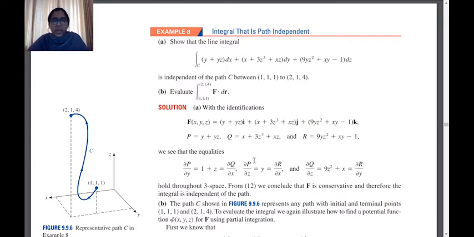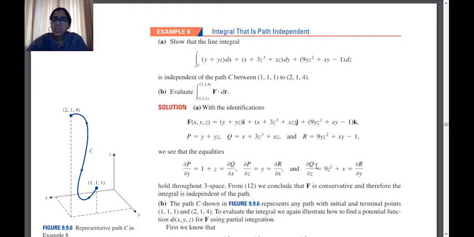Now what is the value of ∂P/∂z? It will be y, partially differentiating P with respect to z, keeping y and x constant. So the value of ∂P/∂z is y. And what is the value of ∂R/∂x? Again it is y. So again ∂P/∂z is same as ∂R/∂x.